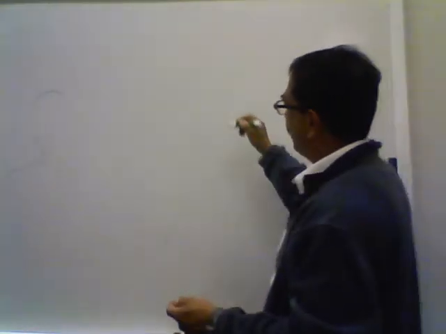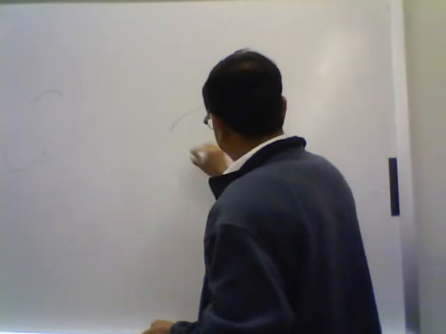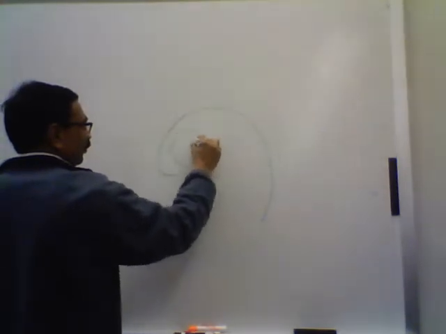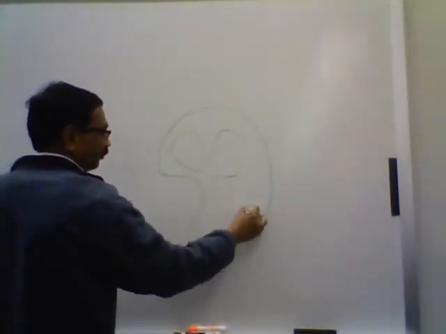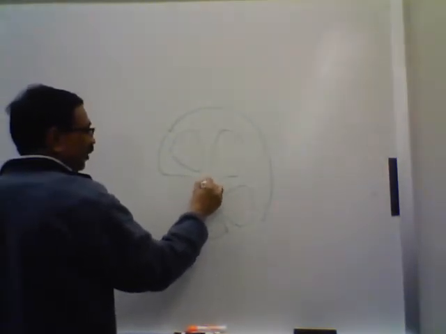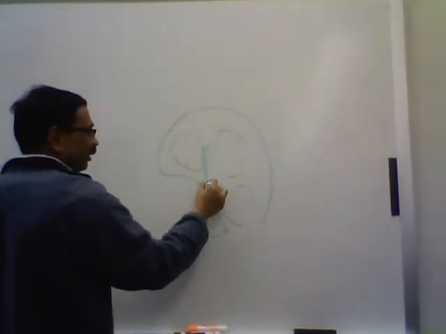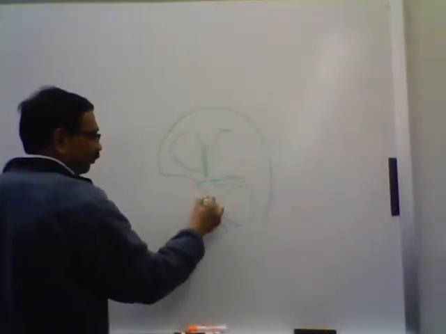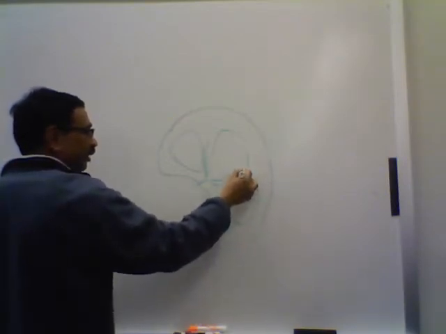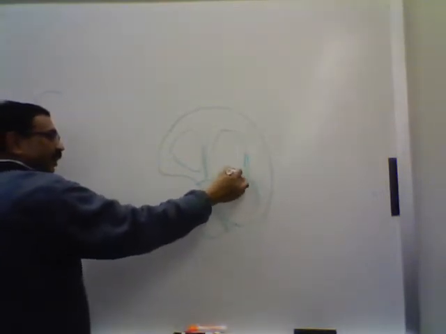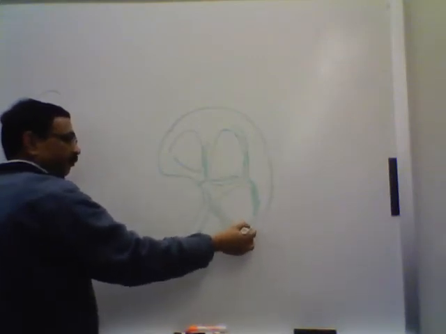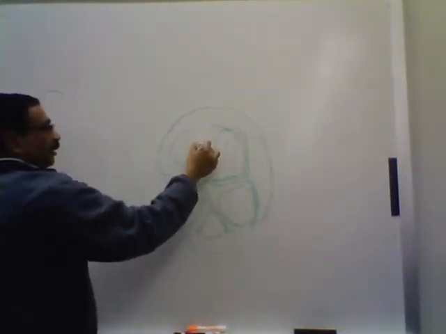a 90-degree angle turn. So let me draw again. This is the kidney, pyramids. Right? So from the segmental artery, interlobar, and then from the interlobar, the branches arise and they form a right angle, like a 90-degree angle here, and start to run along the base of the pyramid, like this.